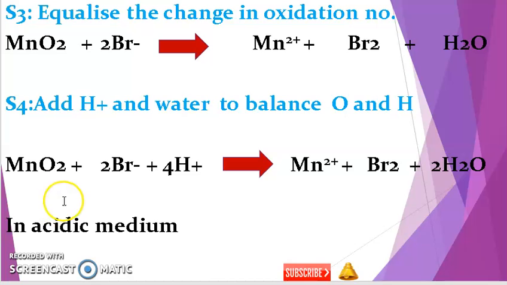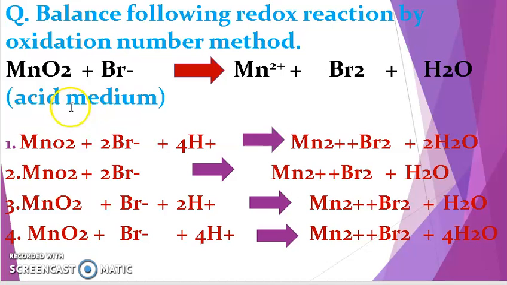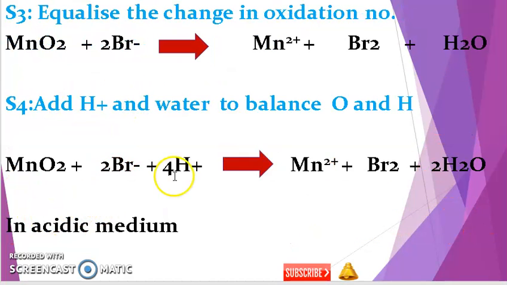The next step is to add H plus and water to balance oxygen and hydrogen in the acid medium. So acid medium means what? It's H plus. The reaction is happening in the acid medium; in the question they have mentioned that it is in the acid medium. So I have added H plus here, so that only we got H2O.